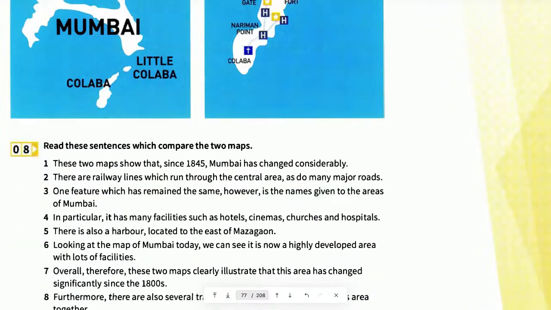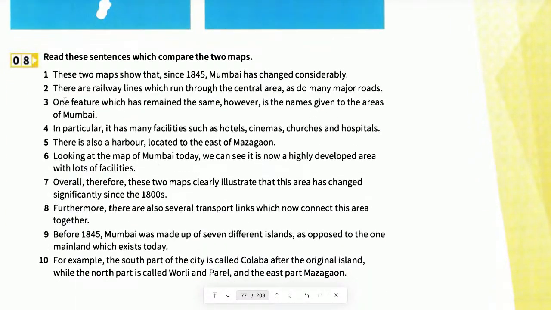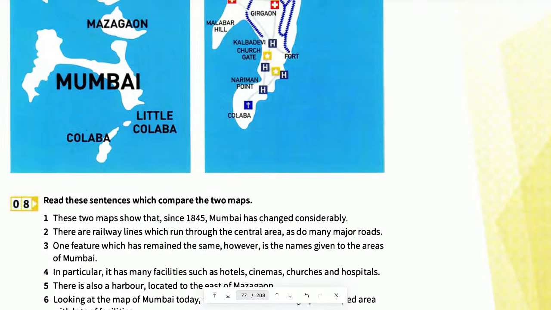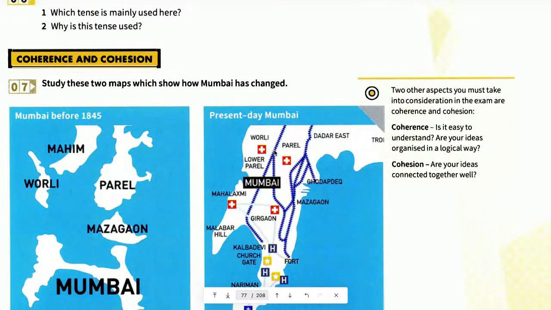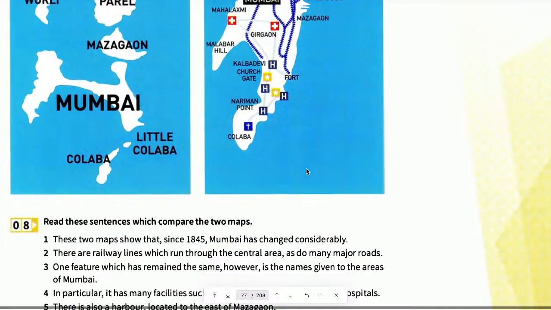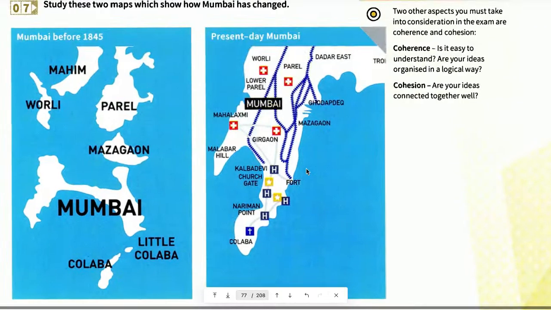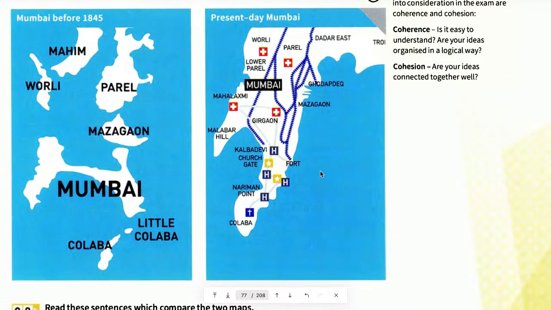Just talk, discuss, because we still have exercise 8 to help us, right? Exercise 8 is there to help us, and you will understand more. The blue lines, I think that is the railways, right? Okay, good. Now, talk.